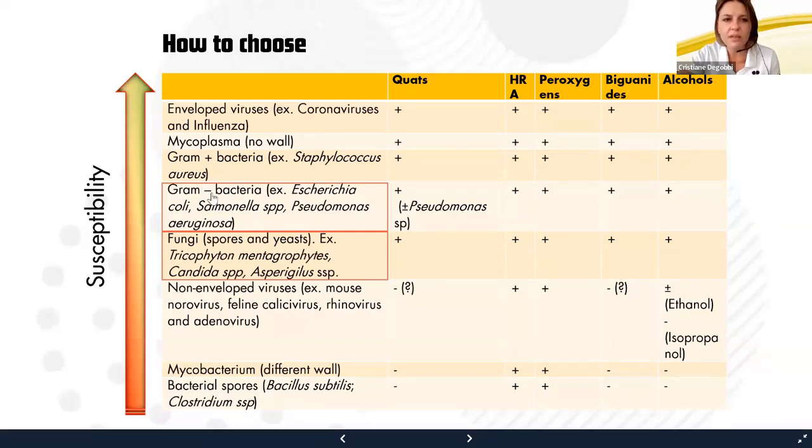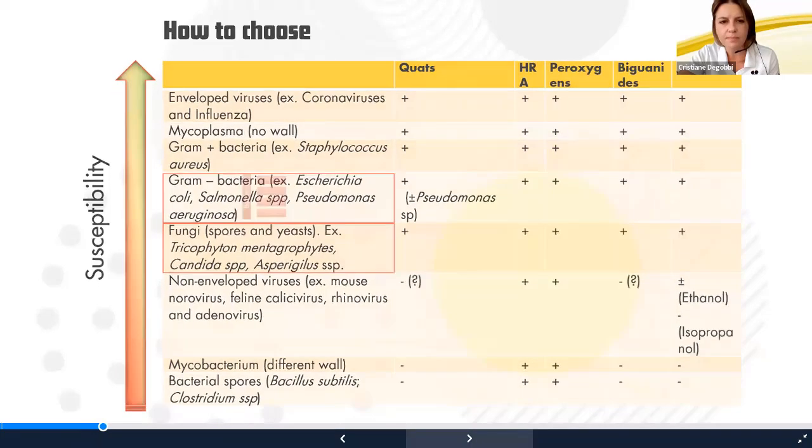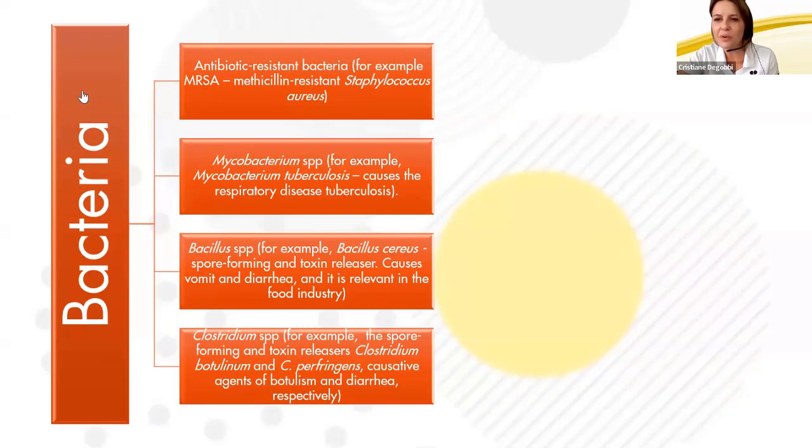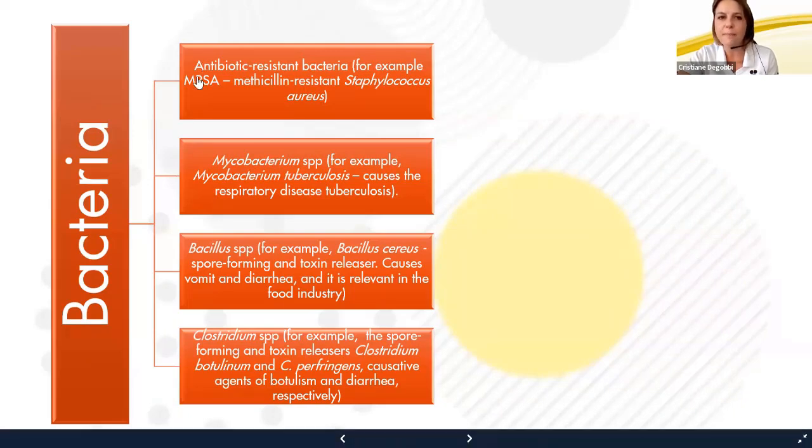Gram-negative bacteria are a little bit more difficult to inactivate. These are the examples that we talked about yesterday. One thing about them, when we talk about bacteria, I like that Armand yesterday told us, oh, I'm reading the label and here it's stated that this disinfectant is going to work against MRSA.